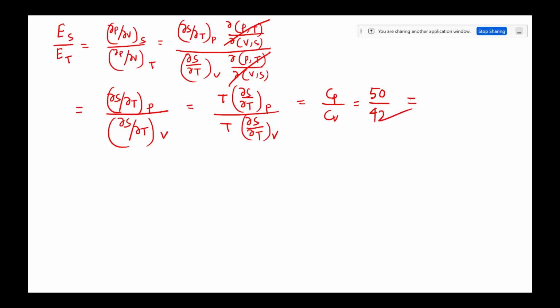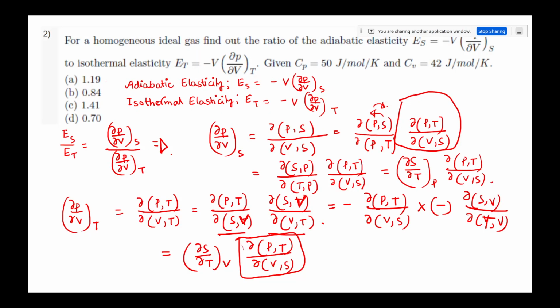Okay. So what is the value coming out to be? For my case, it is coming out to be 1.19. So option A is the correct answer for me. Okay, so please follow the steps here.